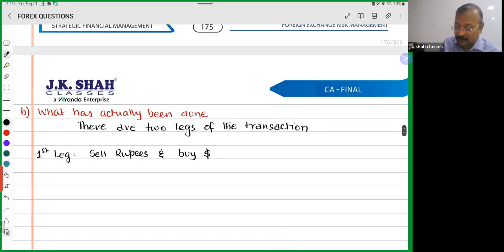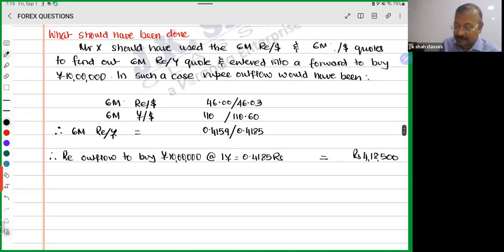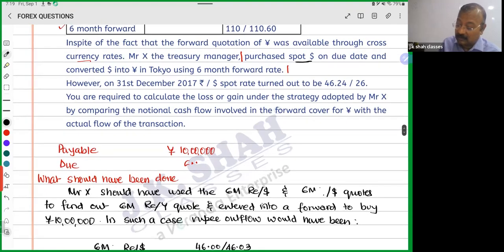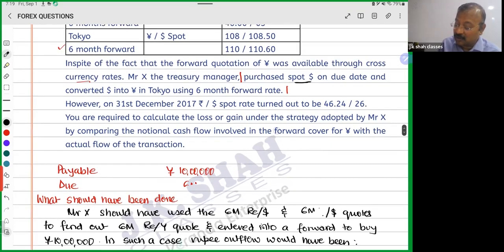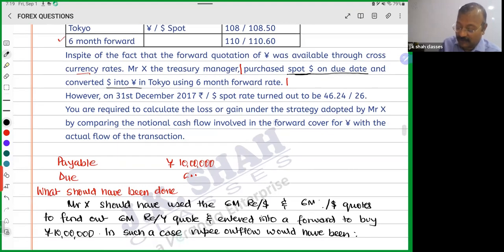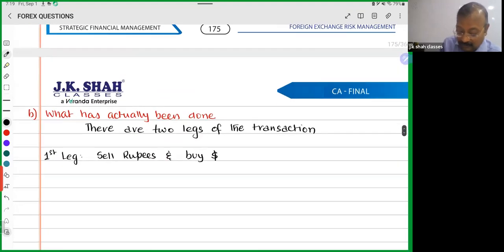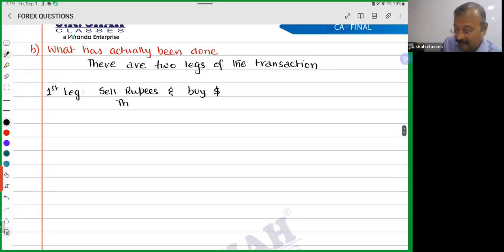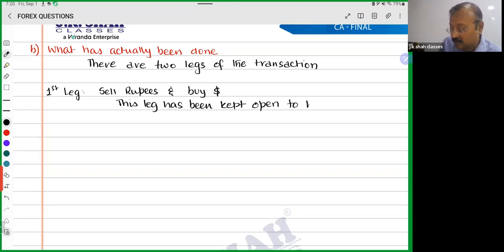And this position, what has he done? He has kept it open. Purchased spot dollar on due date and converted dollar into yen using a 6-month forward rate, right? So this leg has been kept open to be executed on the due date.